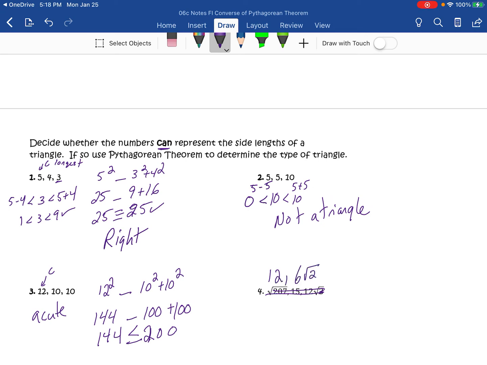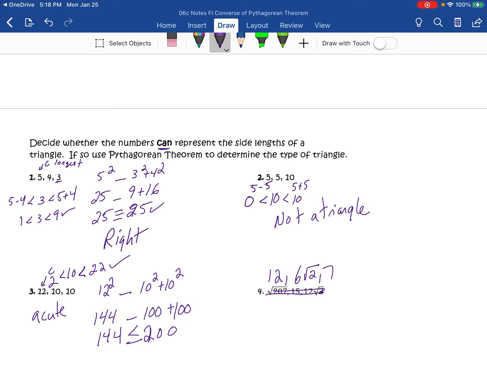I'm going to have 12, 6 radical 2, and 7. Okay. If you go through, the third side is greater than the difference, less than the sum. These are ones that I definitely would have you use a calculator on, just to determine. So this, yes, was a triangle. This one is 10 less than 22 and greater than 2.